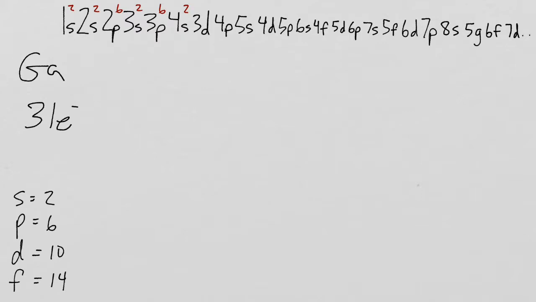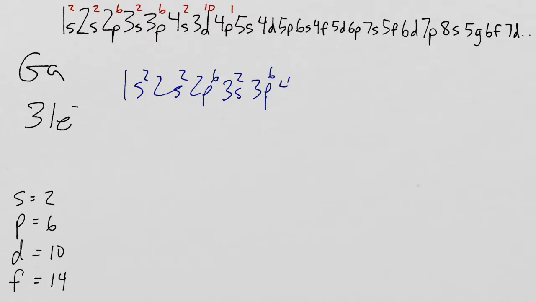Now remember, the d shell can hold 10, so we're at 30. And gallium has one more electron, and that would go into the 4p orbital. So then we can write the electron configuration as 1s2, 2s2, 2p6, 3s2, 3p6, 4s2, 3d10, and 4p1.